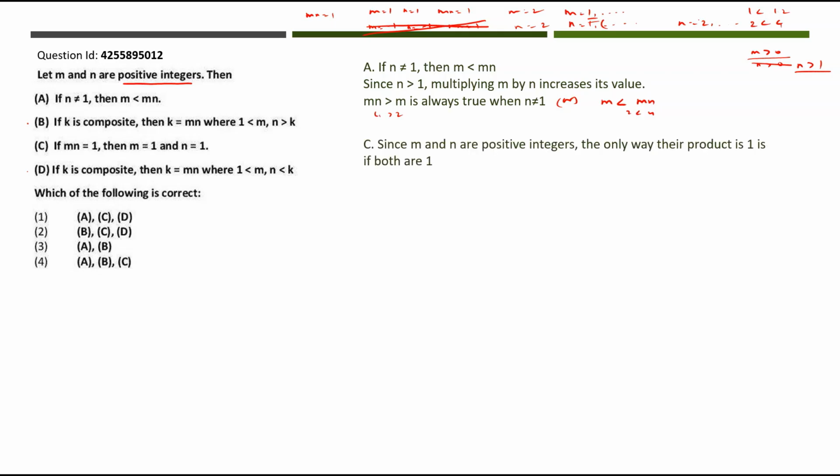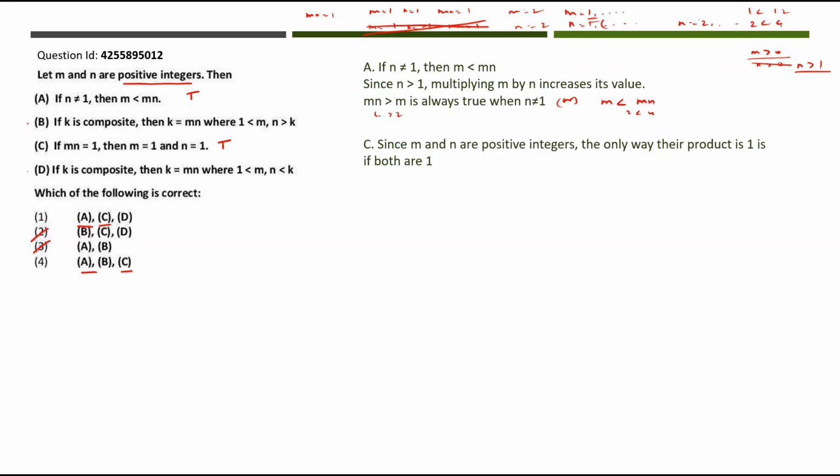Since m and n are positive integers, the only way their product is 1 is to have both the values as 1. So this is true and this is true. A and C are included here. So from this we can rule out 2 and 3. Now we have to understand one thing. Only one of B or D can be true.